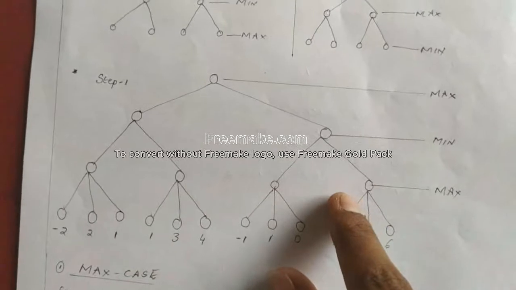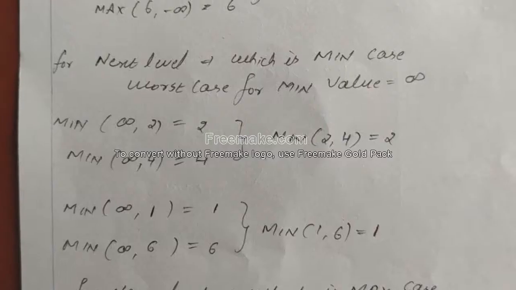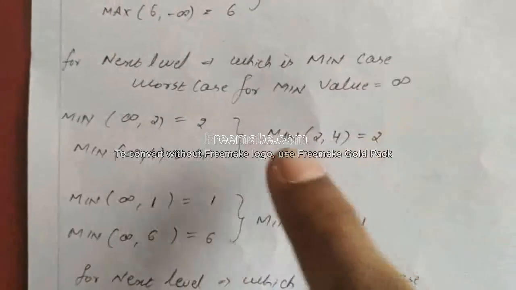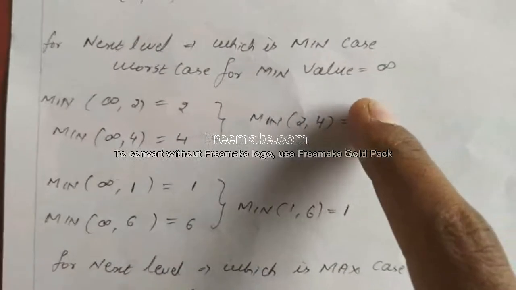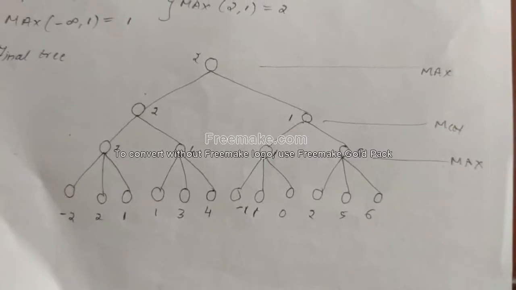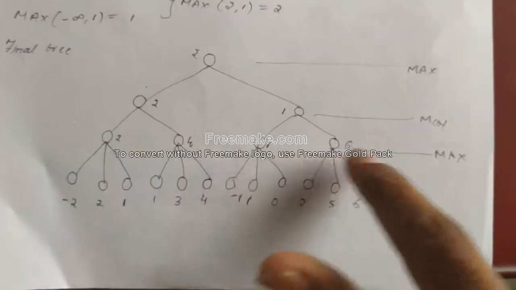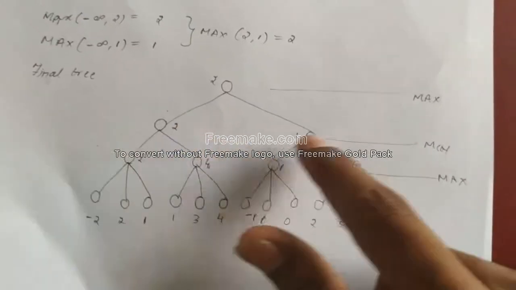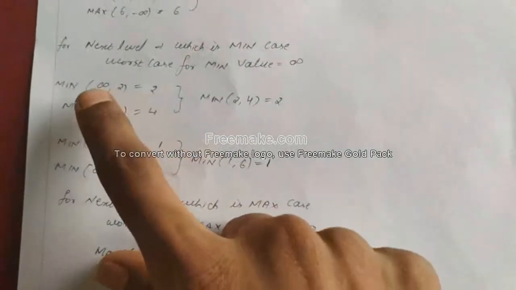Once we have the maximum values, the next level to be performed is the minimum case. For the next level, which is the minimum case, the worst case for the minimum value is equal to infinity. According to the tree below, these are the maximum values obtained from these sets of values and these are the minimum-level nodes.